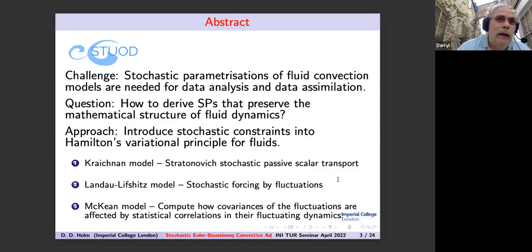And last week, Greg Eyink talked about this model and its effect on turbulence when you're very, very near equilibrium at very, very small scales. And last I'm going to talk about Henry McKean's contribution, and by making an adjustment to the stochastic equation, introducing the mean field, you can compute how the covariances of the fluctuations are affected by the statistical correlations in the fluctuating dynamics. Okay, so this is the basis, and this is why the talk has 3 parts: Kraichnan, Landau-Lifshitz, and McKean.